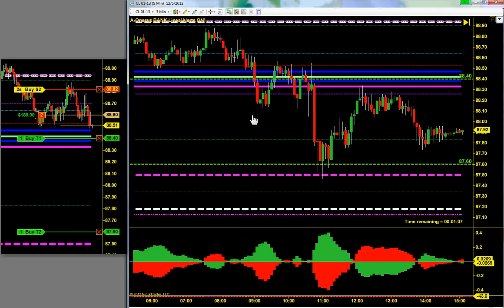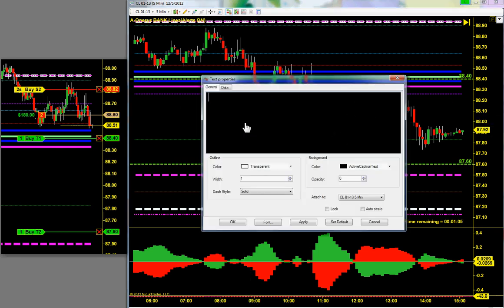And if we calculate with one contract, 130 ticks is $1,300. That's my day. As you can see, I've taken both trades.